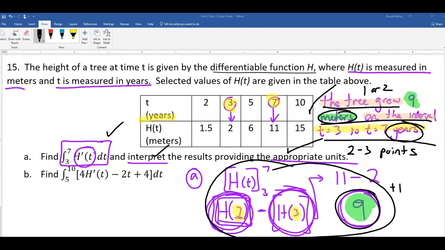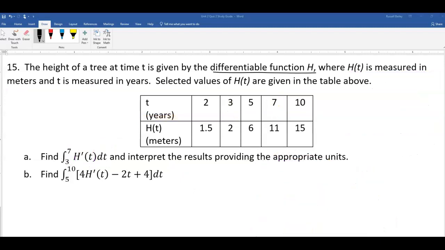If you include the units also, that's another point. Now sometimes when they grade these, they just make the whole thing worth 1. So I'm not making any promises right now, but I will say that the interpretation part with the units will be either worth 1 point or 2 points. The actual answer from the integration will be worth another point. So altogether, 2 to 3 points for that first question.